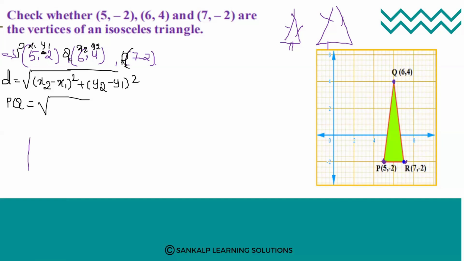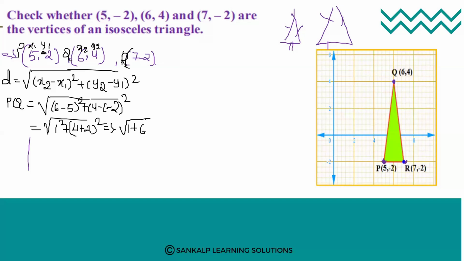Now x2 value is 6. 6 minus 5 whole square plus 4 minus of -2 whole square. 6 minus 5 is 1 square plus 4 plus 2 whole square. That is square root of 1 square is 1, 4 plus 2 is 6 square. So 1 plus 36, that is root 37. This is the value of PQ.